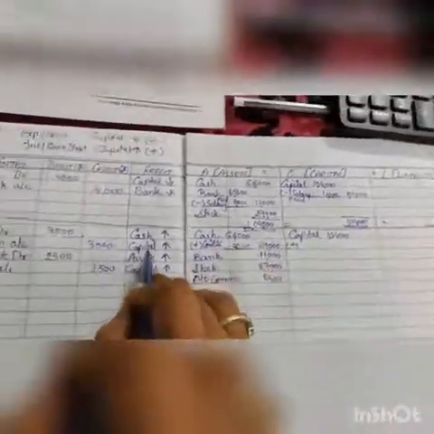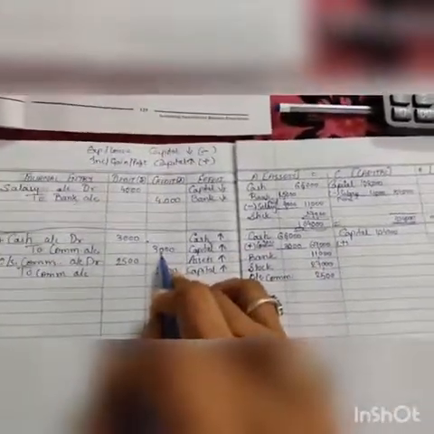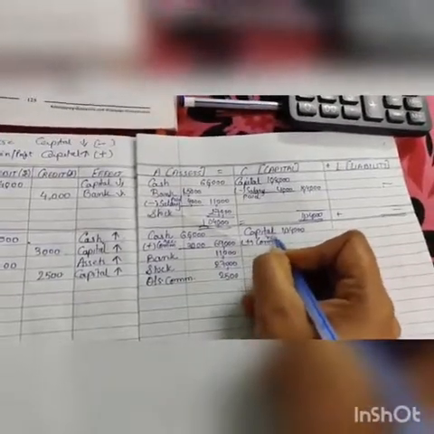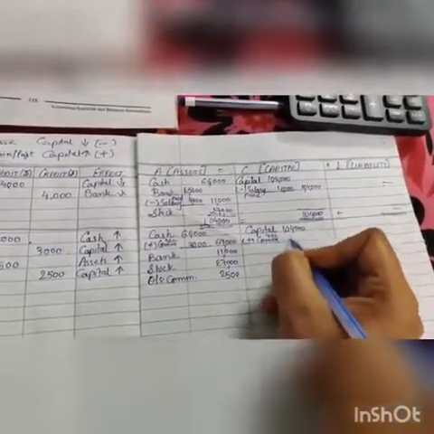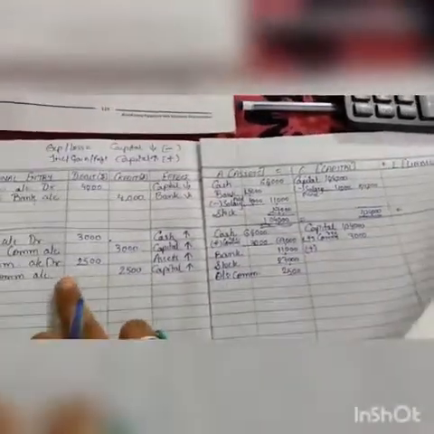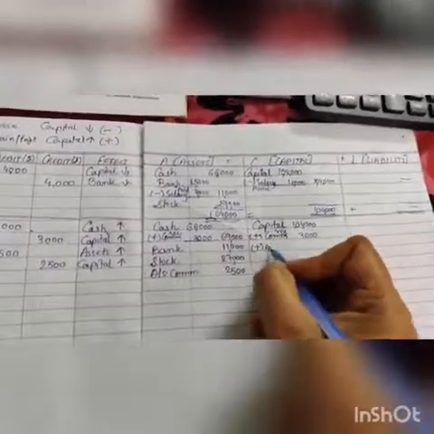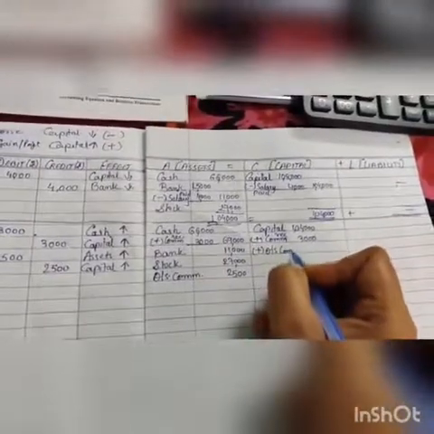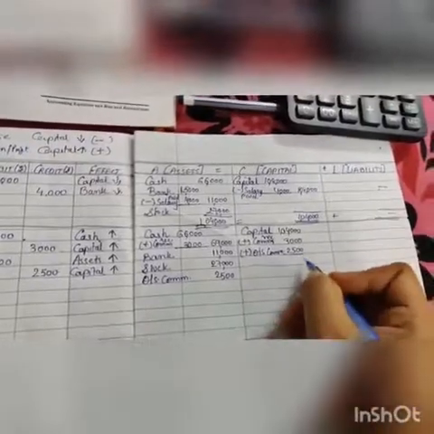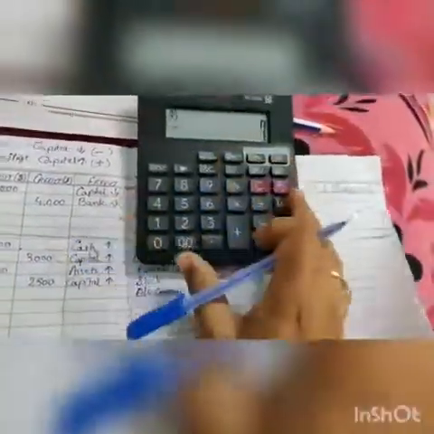Plus first you have to do commission received, that is how much, so 3,000. And then again capital is increasing for outstanding commission that you will receive in future, so outstanding commission, that is 2,500. Clear?